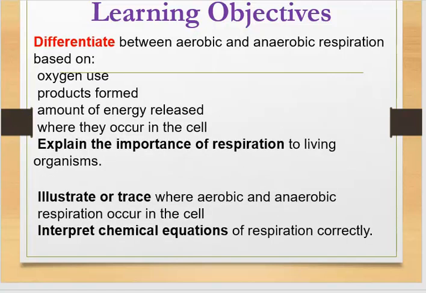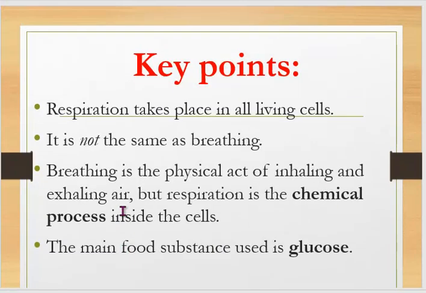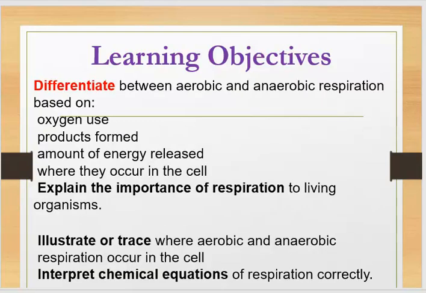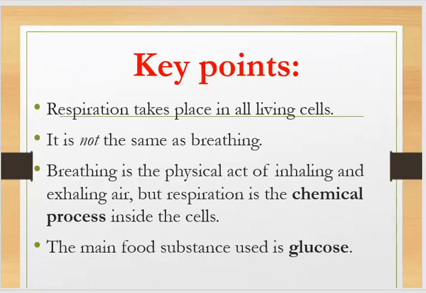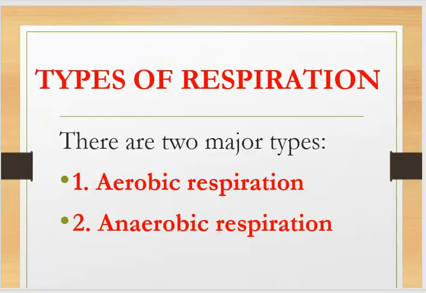All this has been discussed. Between aerobic and anaerobic respiration: oxygen use, products formed, amount of energy released, where they occur in the cell, the importance of respiration to living organisms, and illustrating where aerobic and anaerobic occur. We have done all this.